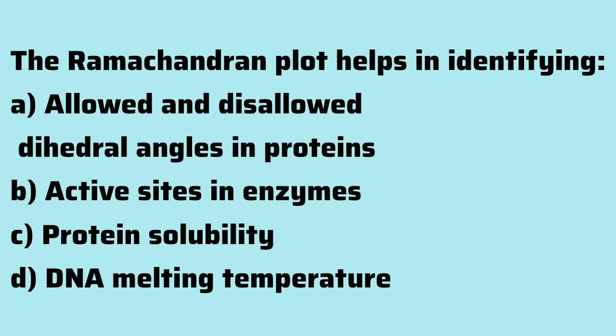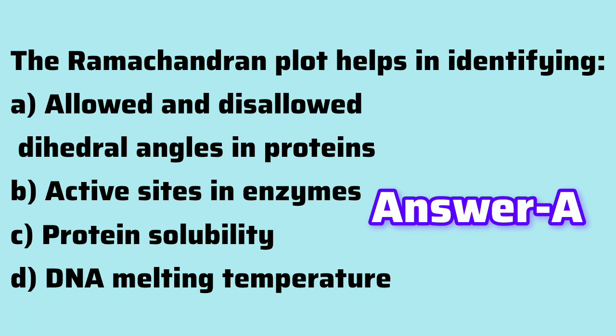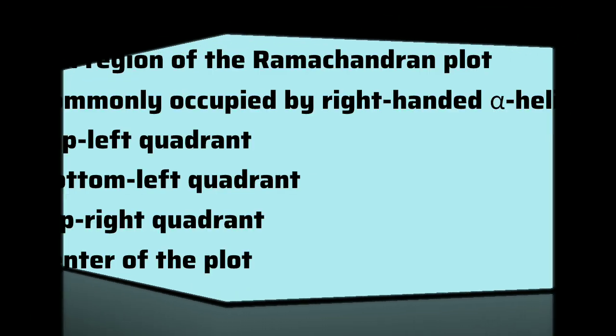This is explained in the Ramachandran plot, which combinations of phi and psi are allowed and form the secondary structures and which are not allowed. So here the correct answer is A, allowed and disallowed dihedral angles in proteins.